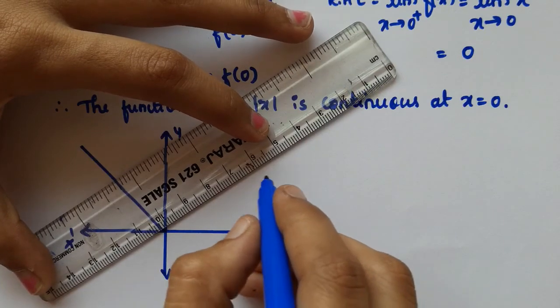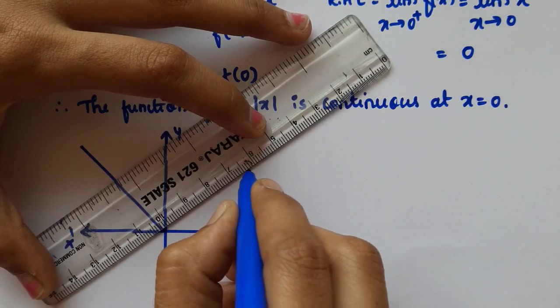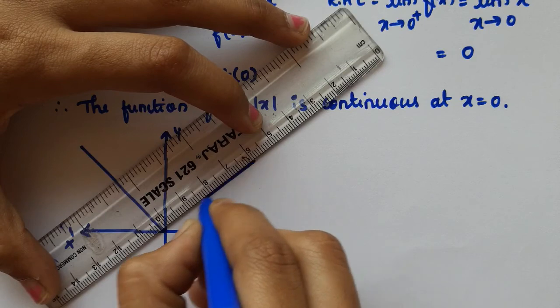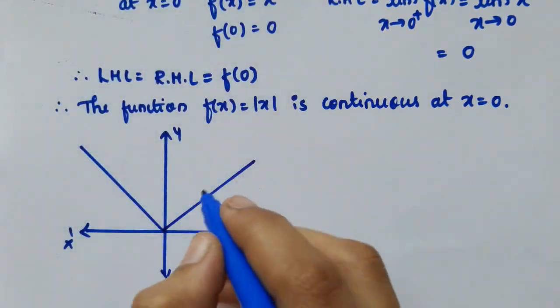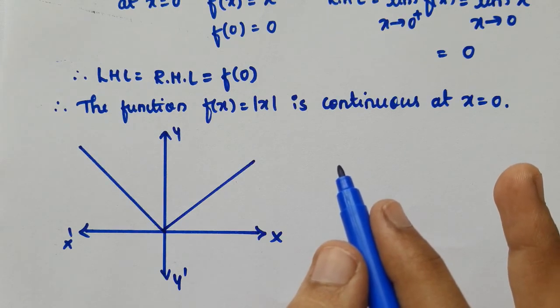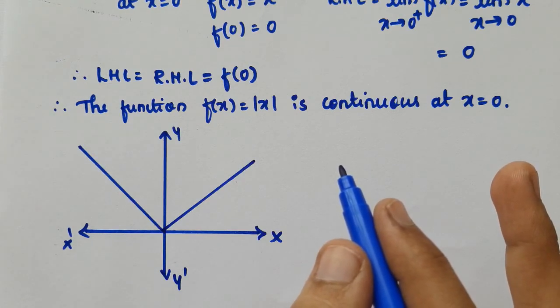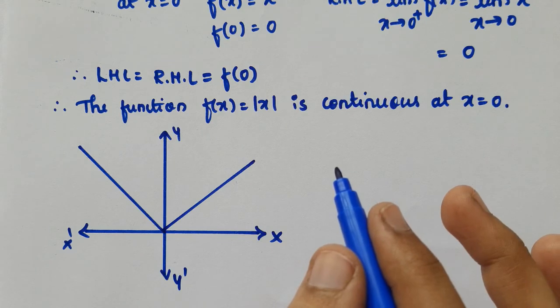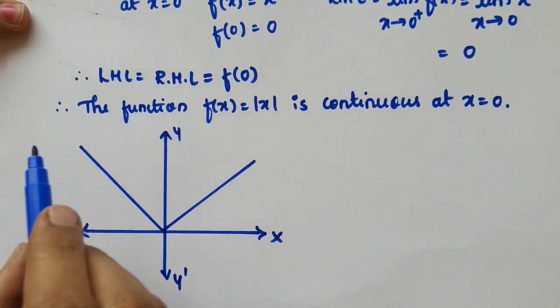You already have this concept in first year. So, the graph of the modulus function is like this. Can we draw the graph of the function without lifting the pen? Yes, we can draw. If you want to see, you can see now.